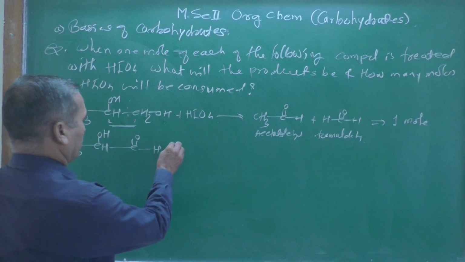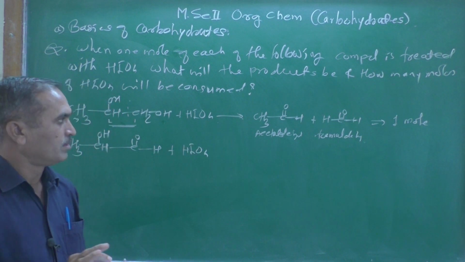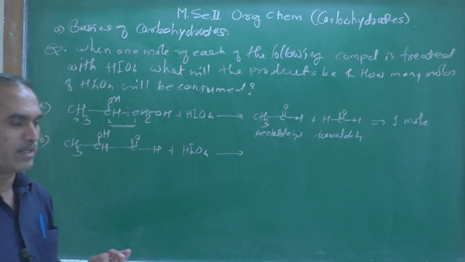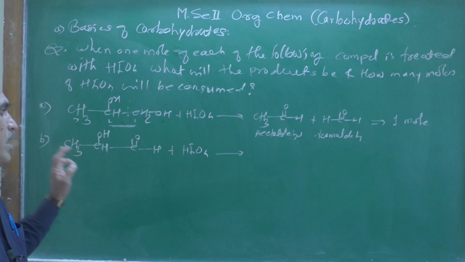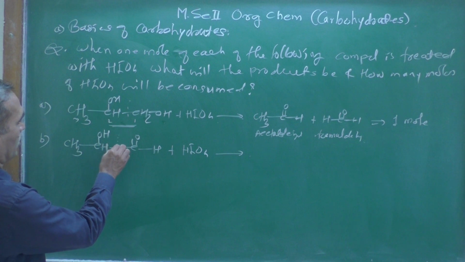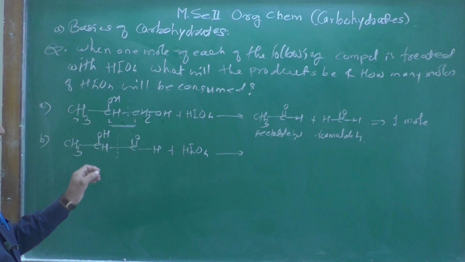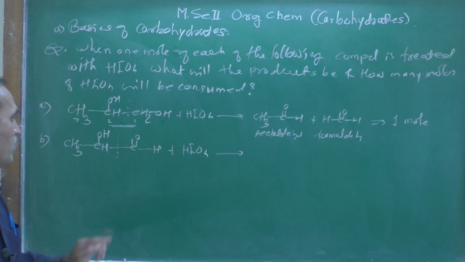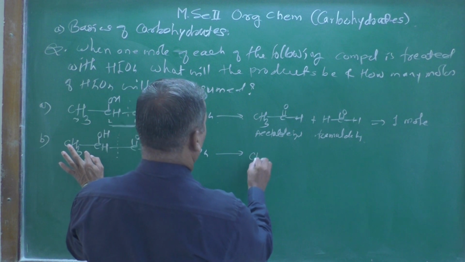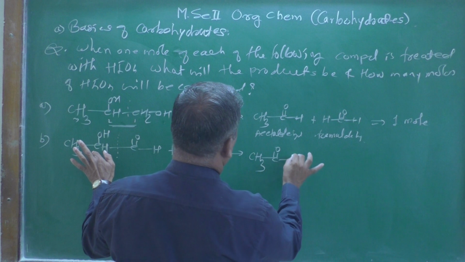So when it is treated with HIO4, only one mole of periodic acid is required or consumed. But what type of product do you get? The carbon-carbon bond gets cleaved, and the resulting products are CH3, same as we have seen in the first case.